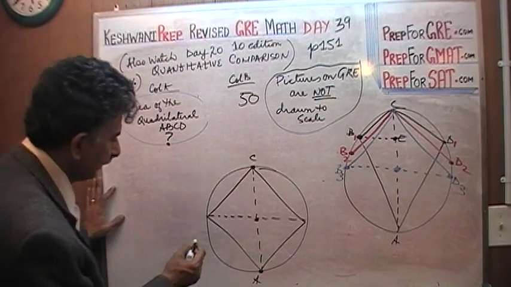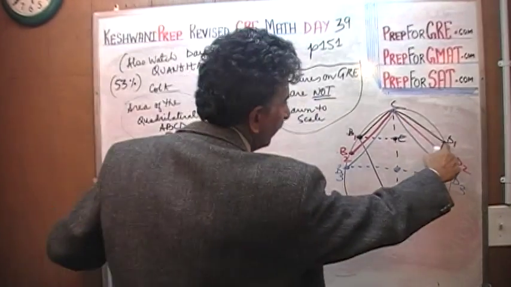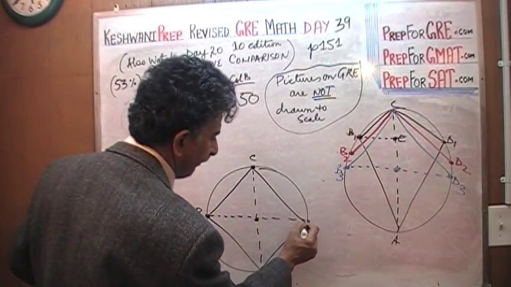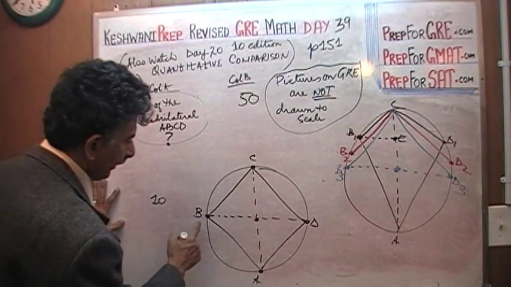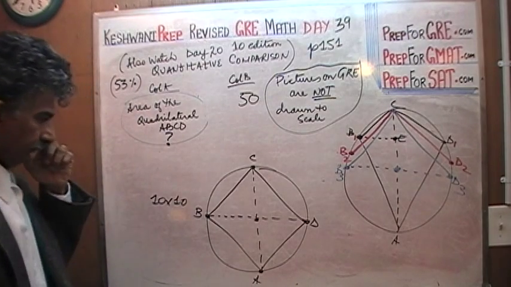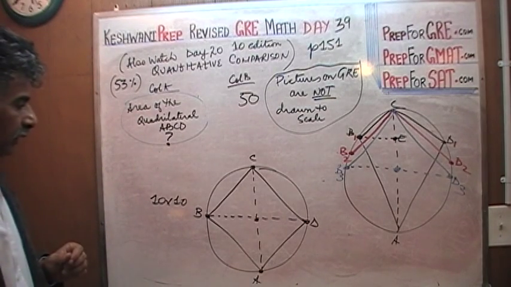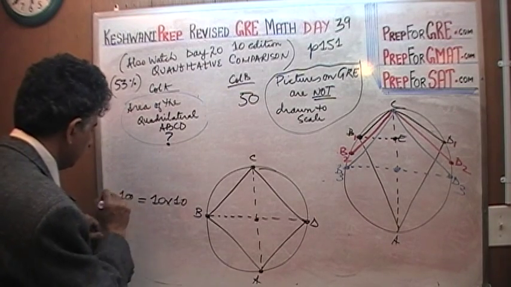Anyway, so here, if this point B happens to be here, and if this point D, instead of being way up there, happens to be here, then B to D is 10, and A to C is 10. In which case, the area of this quadrilateral would be 100, not.